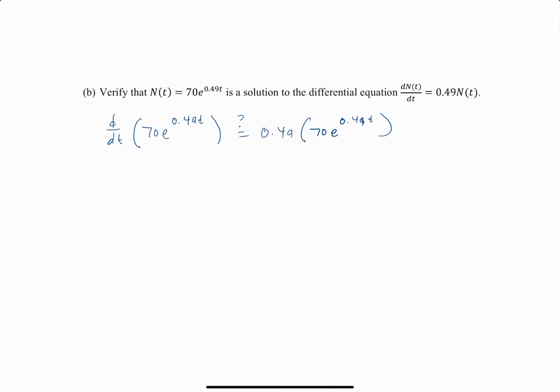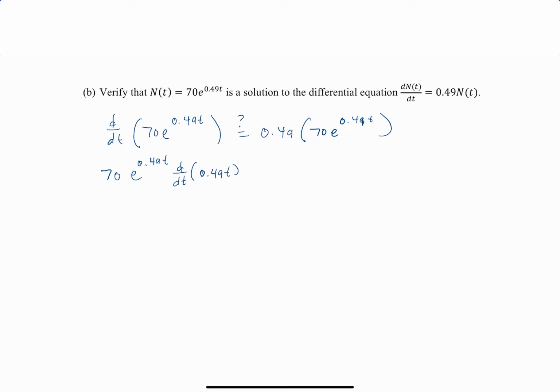Let's see. If I compute the derivative on the left-hand side, the 70 just comes along for the ride. The derivative of the exponential function is the same exponential function, but then the chain rule says, hey, because the exponent wasn't just a plain old variable, we have to multiply by the derivative of that exponent.